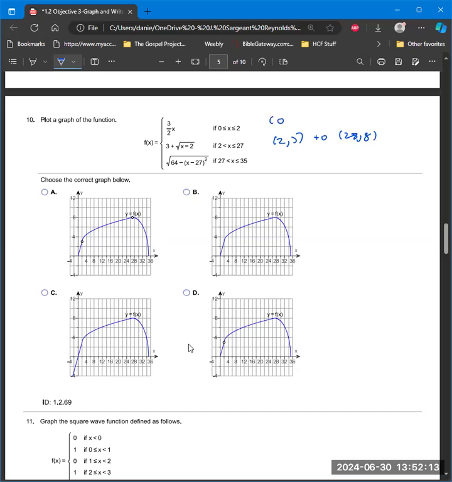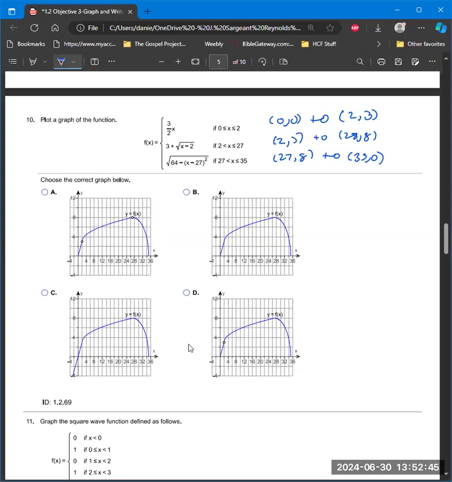This goes from 0, 0 to 2, 3. And then this one goes from 27, 8 to 35. That's 8, that's 64. So that's 35, 0. All right. So 0, 0 to 2, 3.